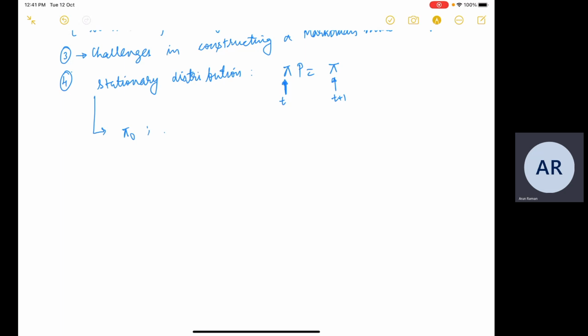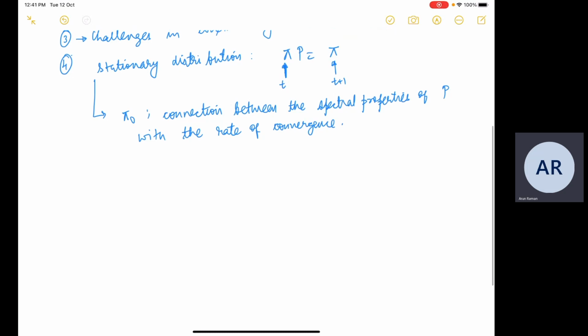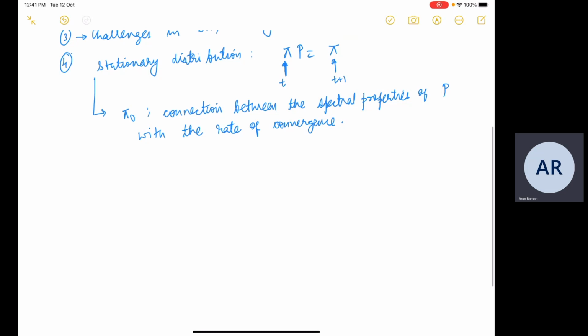And we also saw the connection between the spectral properties of the transition matrix P and the rate of convergence. We saw it at an intuitive level with just an example, but there is theoretical development also in this area. We will not be discussing that in this course.